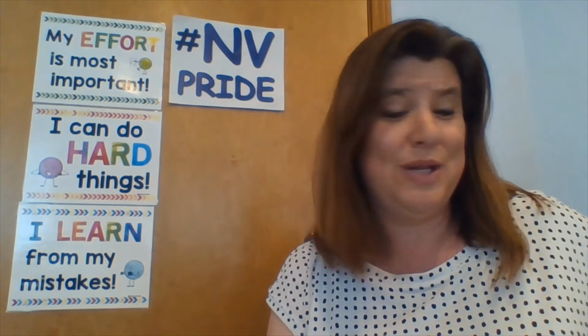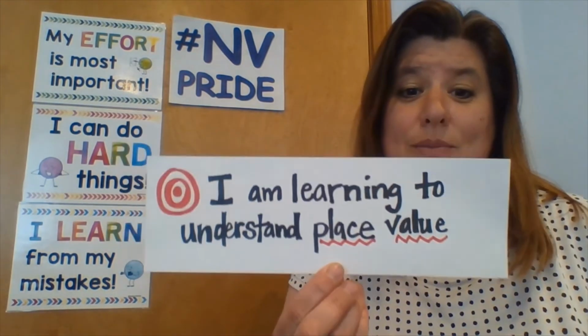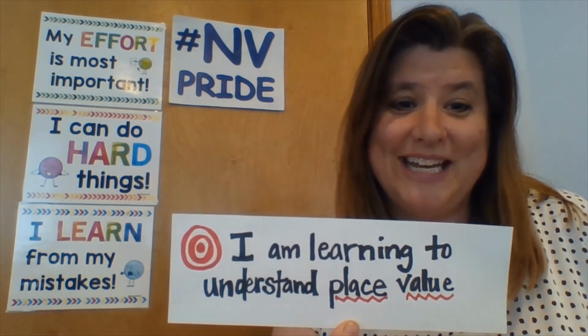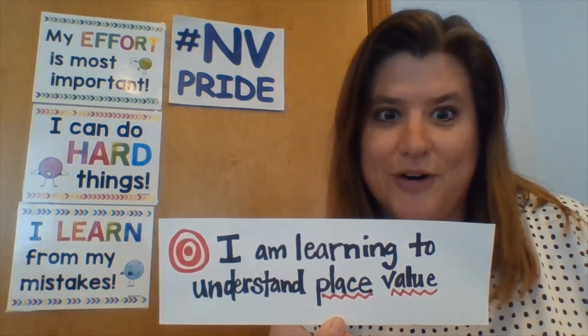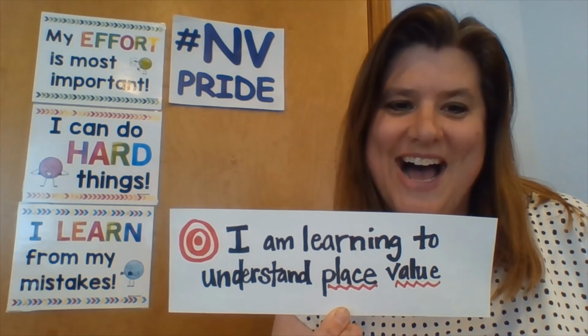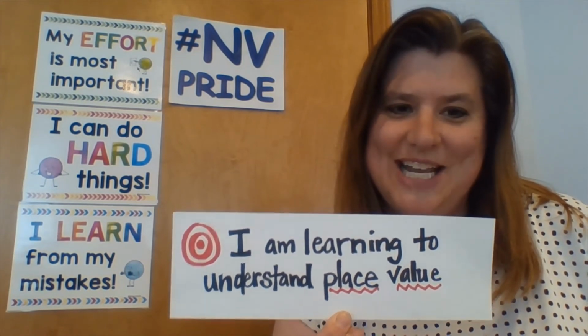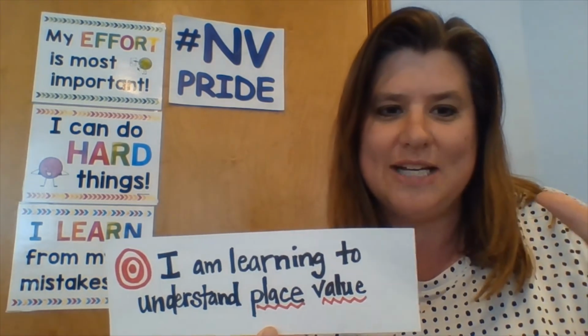And also, always and forever, believe in yourself and the power of positivity and what you can do. You are a strong mathematician. You have got this place value down, right? Place value is something that second grade mathematicians will carry with them forever in their math toolkit. And I know that you have been practicing and doing your best work. Good luck. Off you go.